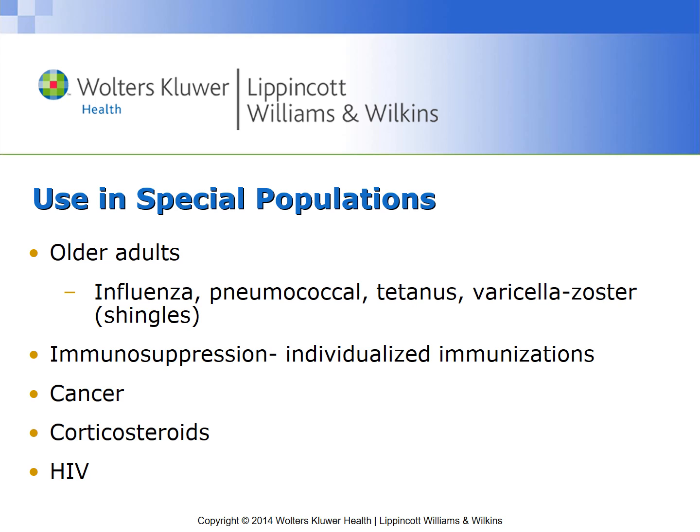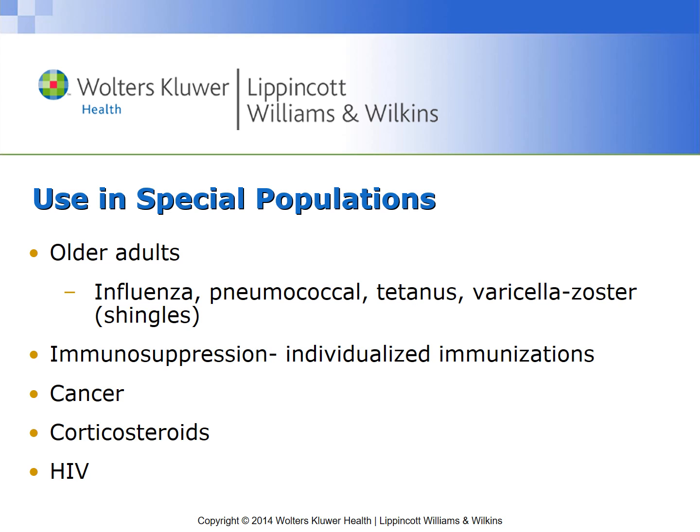If a cancer patient is going to begin chemo, they can receive vaccines but they got to do it at least 2 weeks before chemo is what the recommendation states, or 3 months after they finish their chemotherapy.